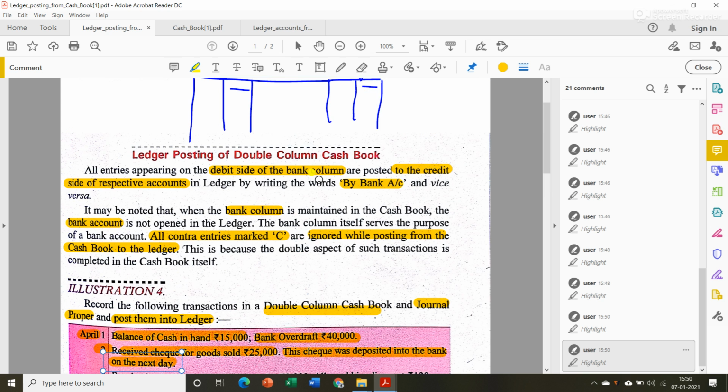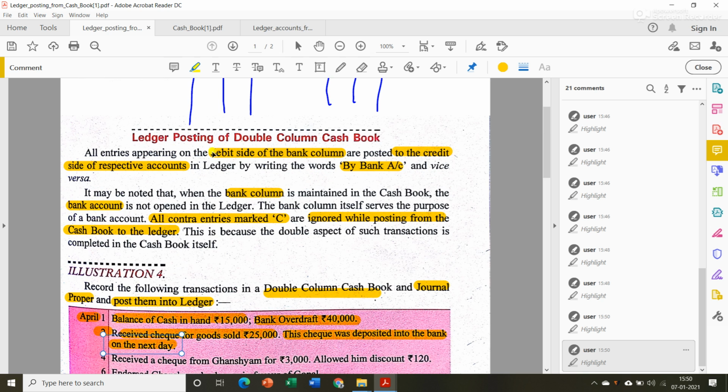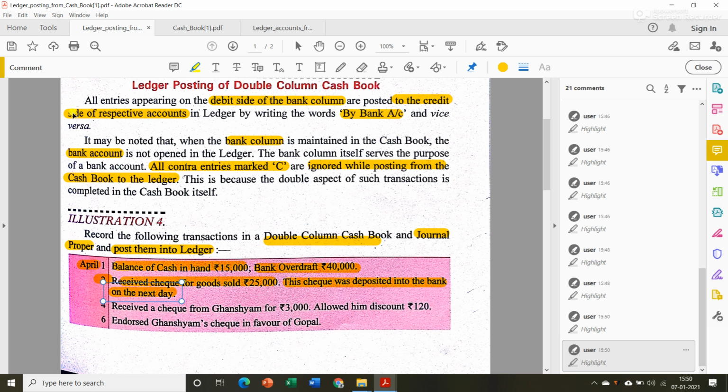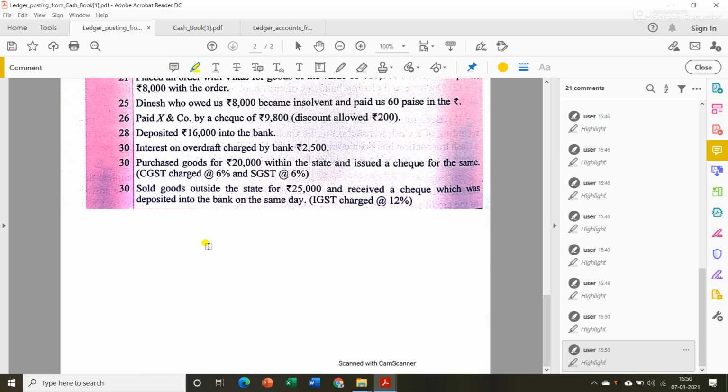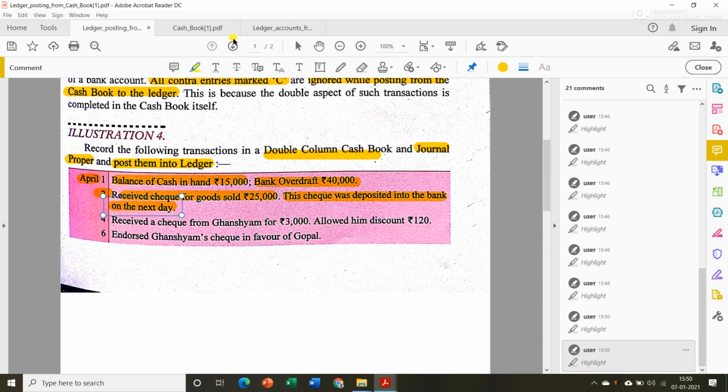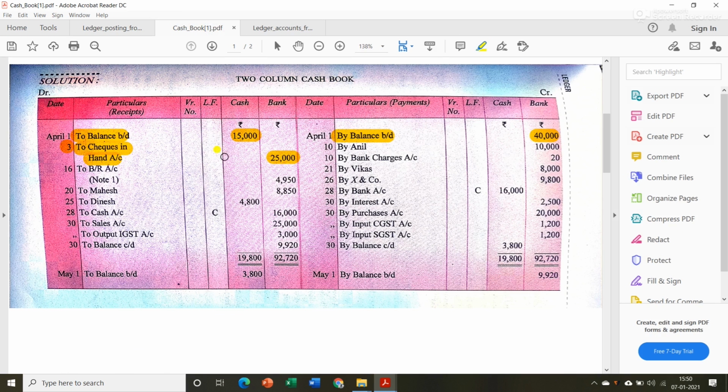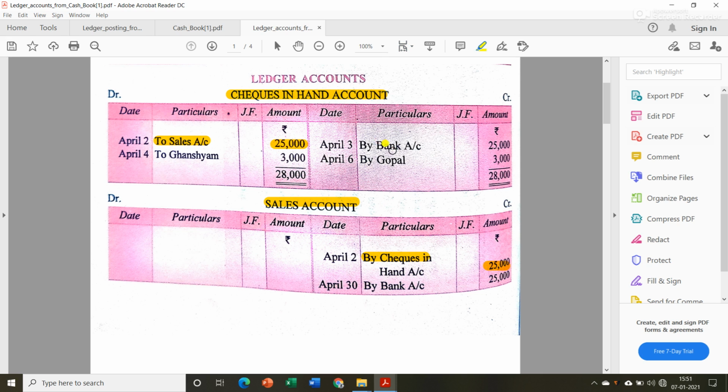Remember, while learning the theory we said that entries appearing on the debit side of the bank column are written on the credit side of the respective accounts. It is appearing on the debit side in the bank column, so in checks in hand account we have to write it on the credit side.